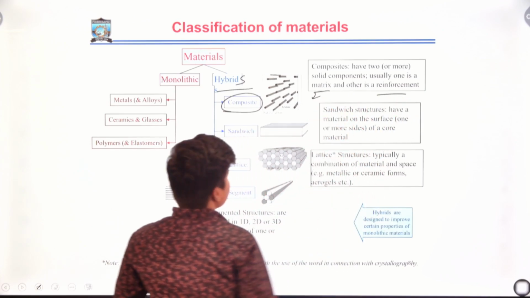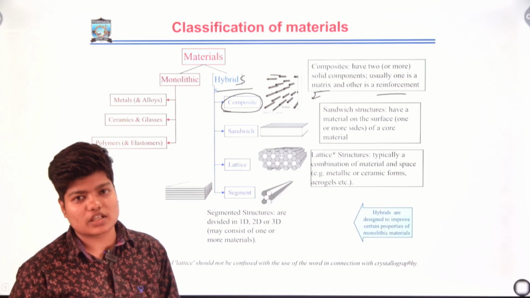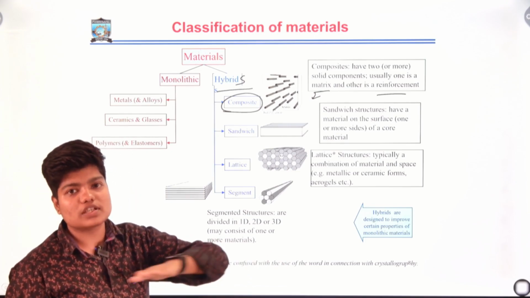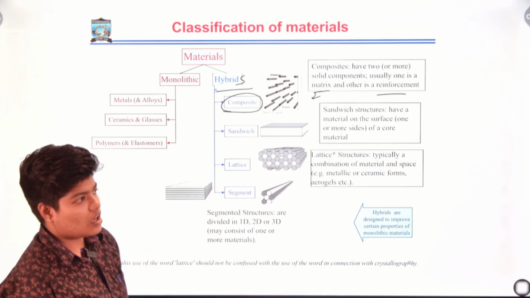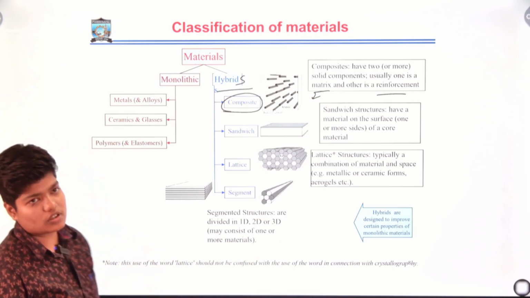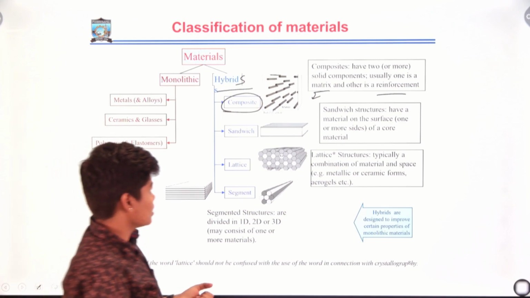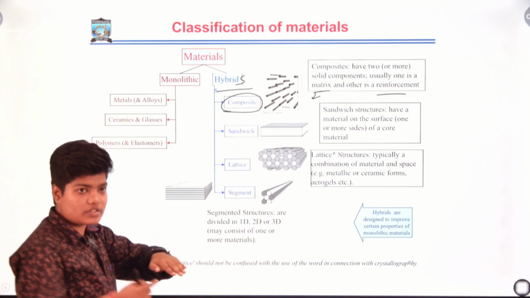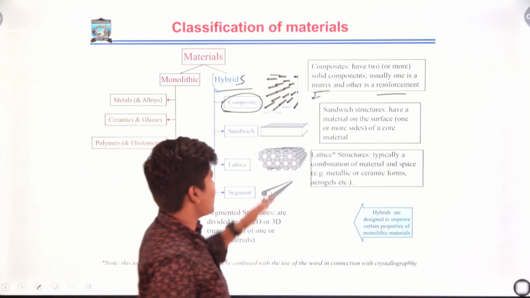For the matrix, we can take any metal. Matrix means the uniformly distributed material, like aluminium, nickel, or lead, anything that is uniformly distributed, so that the reinforcement is embedded in any part of the surface.